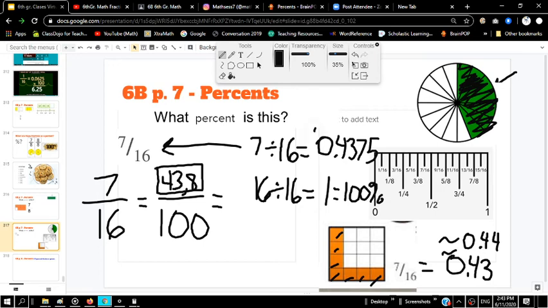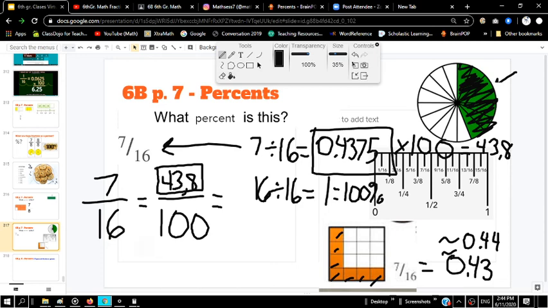We come up with this decimal right here, and if we multiply that decimal by 100, which is the total amount, we're going to come up with 43.8, or 43.75, okay? Now, that's really interesting because that, like I said in the beginning of the problem, was less than 50%. It's a little bit less than 50%, okay?